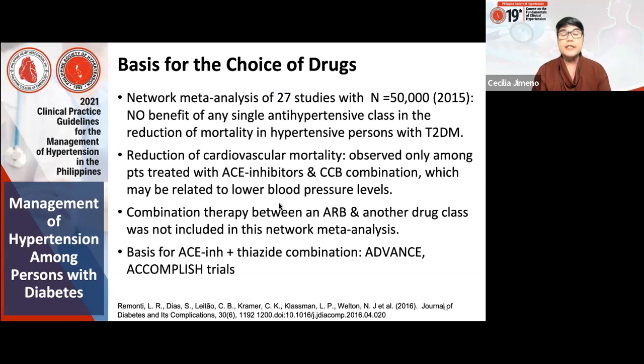And in other studies, the combination of ARB and another drug class, which was not part of this network meta-analysis, is the basis for why we also recommend those combinations. So ACE or ARB plus CCB, or ACE or ARB plus thiazide or thiazide-like diuretics.